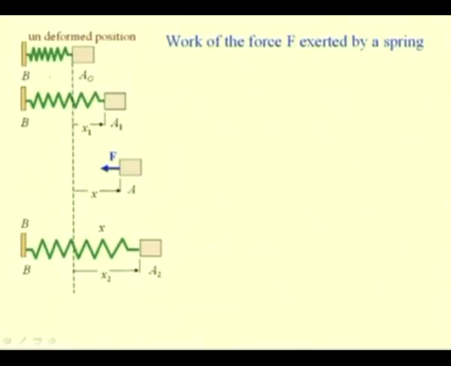Let us see another kind of force that is exerted by elastic springs. Here in this picture, you see a spring in an undeformed position attached to this body. So, let us define this dotted line as our datum.